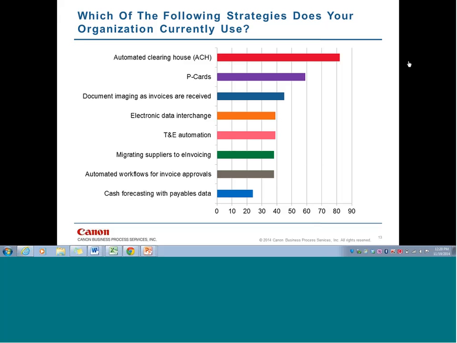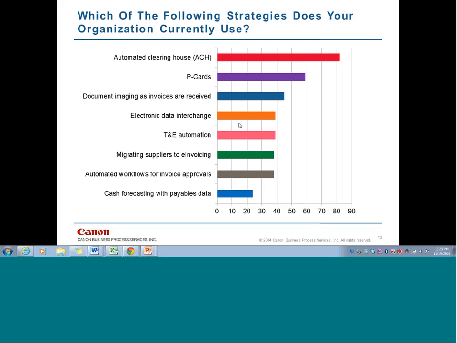Document imaging as invoices are coming in, and electronic data interchange, similar to e-invoice, truly electronic transfer of invoices without any manual data entry, were the second. T&E automation was the third, migrating suppliers to e-invoicing was the fifth, and automated workflows for invoice processing and discrepancy was the sixth.